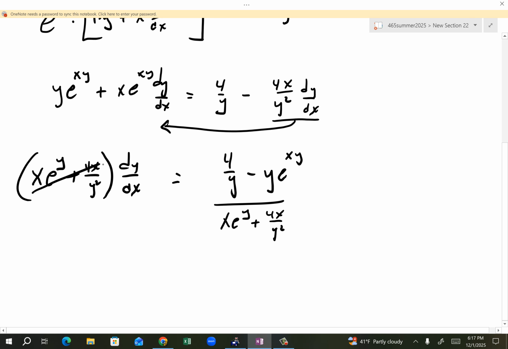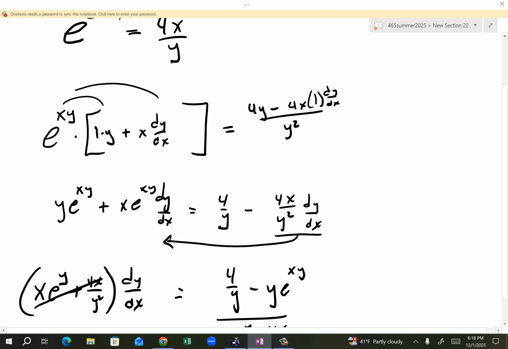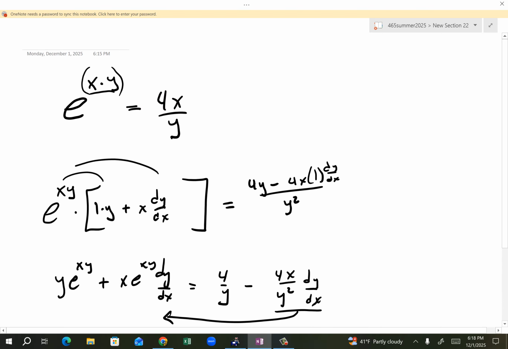Now, what we're going to spend some time with in the coming days is, when you look at this, is there anything that x and y can't be? And remember, this has to be a point. So if you choose the point, for instance, x can't be 0. Can you see that? How do I know that? Because if this were 0, this side would be 0. And e to any power can't be 0, can it?